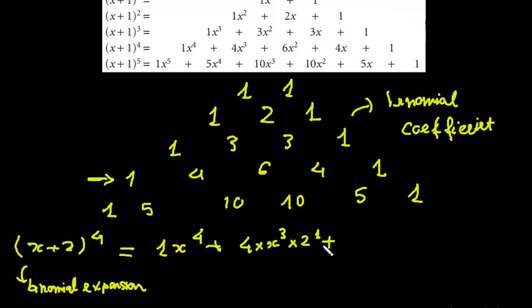Keep going with that. We know the coefficient of the next term is 6, so we write out 6 multiplied by x to the power 2. You see that the powers of x decrease, but the powers of 2 increase. The next term would be 4 multiplied by x to the power 1 multiplied by 2 to the power 3, and finally we have 2 to the power 4.